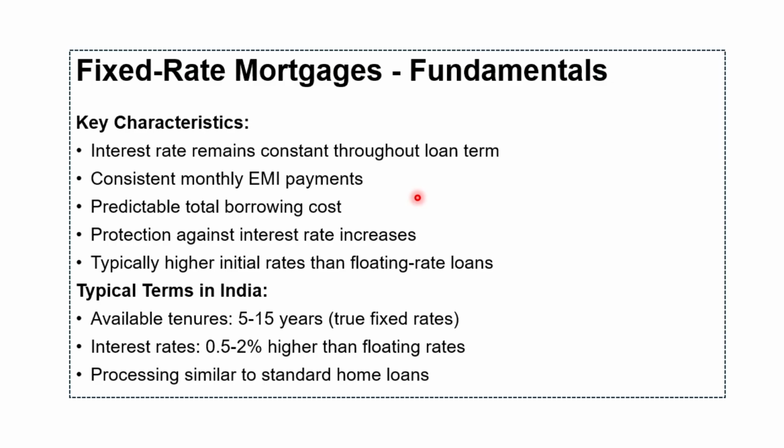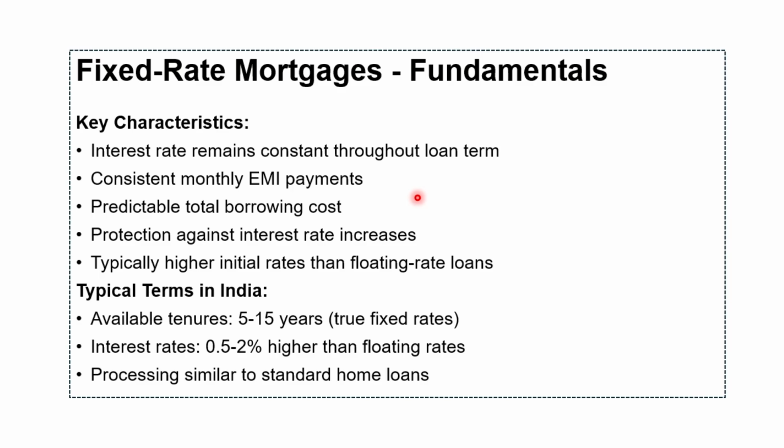Typically there are higher initial rates than floating rates, because the risk of this loan product is basically taken by the lender; in case there is a huge increase in future, they will be bearing the burden of that.